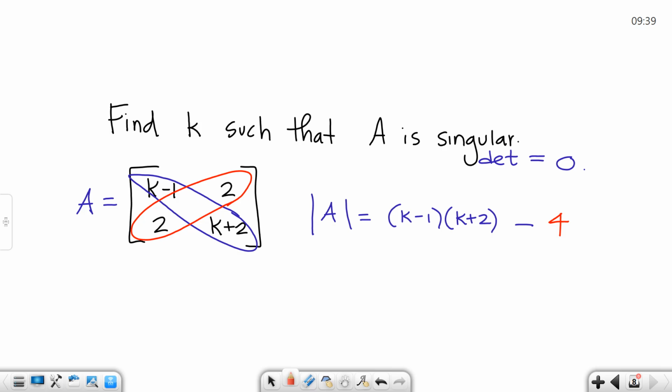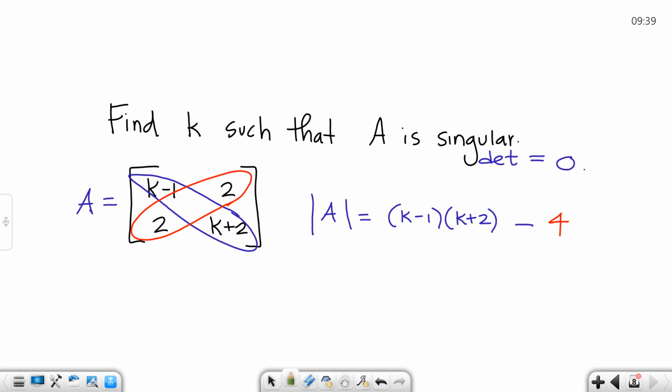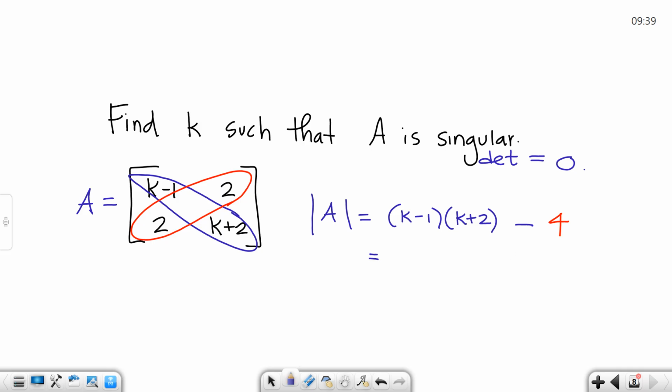And remember, we want to know where this is singular. So what we'll do with this determinant, let's go ahead and find the determinant first. So we'll find the determinant here by FOILing. Okay, so that's my determinant.